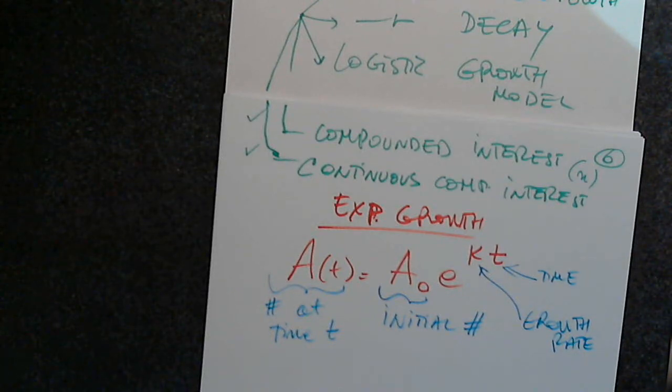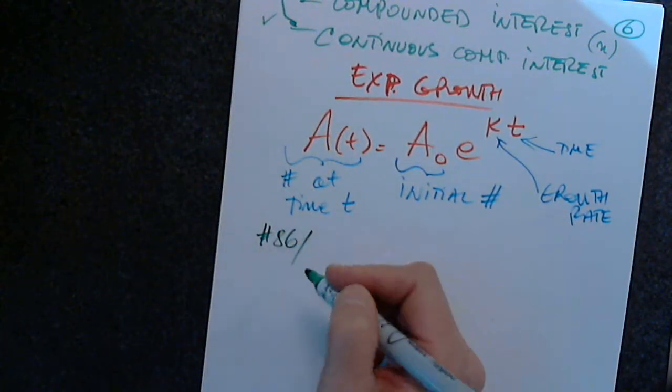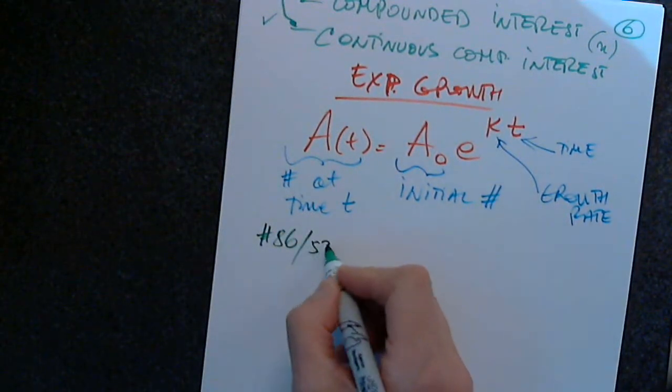Problem 7 or 8? Or I'm looking at the end of the chapter. If we're not interested in either, we can look at problem 86 on page 538. I don't see any other exponential growth models here. Okay, you're not excited about either one, so let's do 86. So 86 on page 538.